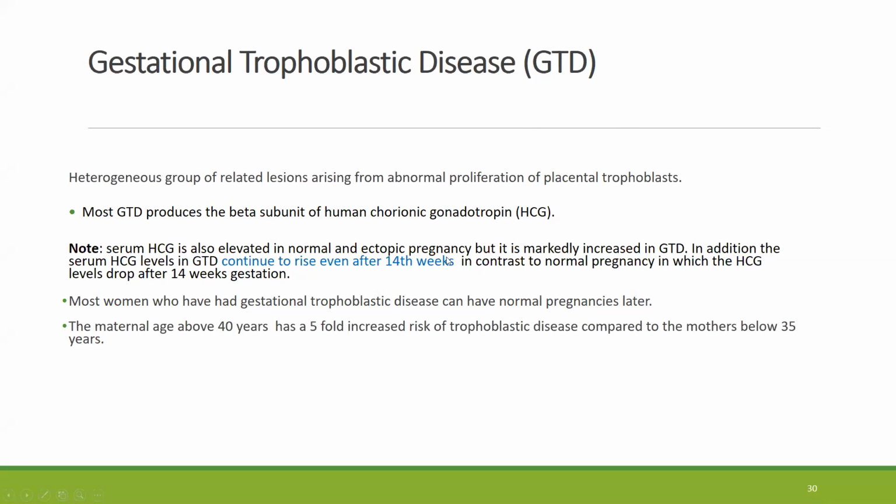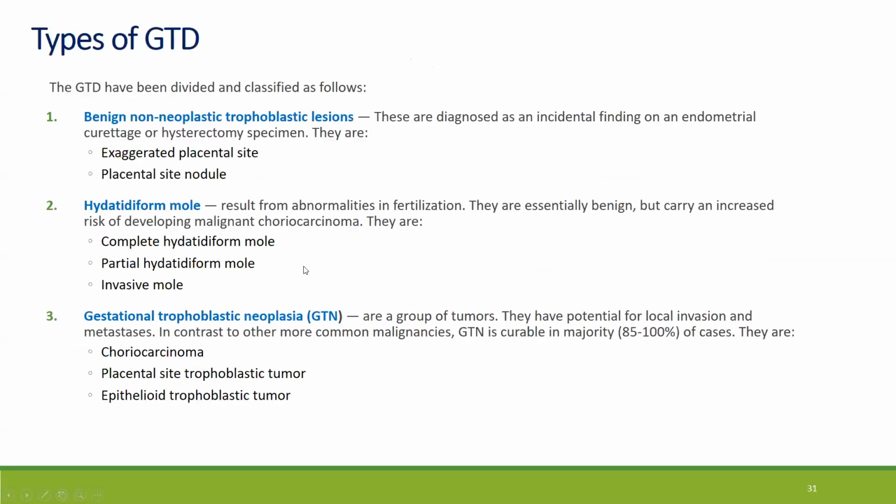It's elevated in ectopic pregnancy, but in gestational trophoblastic disease the beta HCG is sky high. It continues to rise even after the 14th week, whereas in normal pregnancy the beta HCG goes down after 14 weeks.